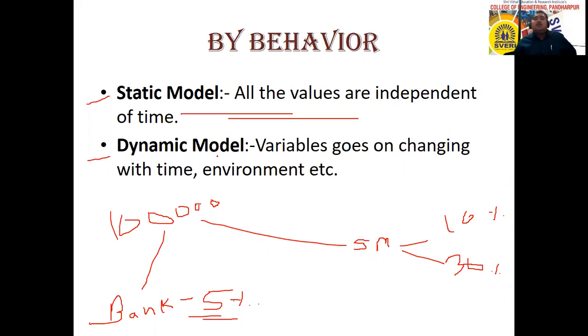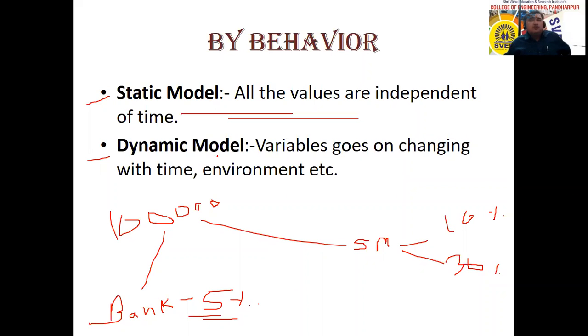As time increases, if your values are increasing, if your things are changing, it is called a dynamic model. If with the help of time nothing is going to change, it is called a static model.